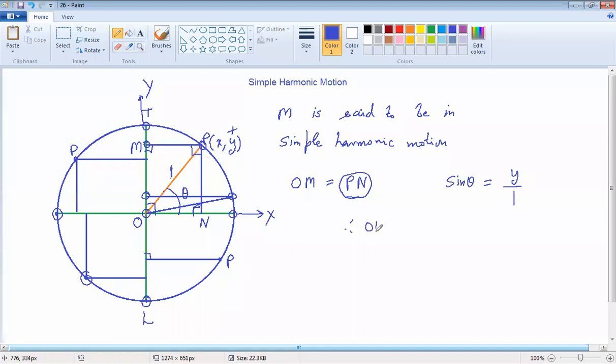So OM is equal to the y coordinate of this point, but the y coordinate is equal to sine theta. So this displacement OM is equal to sine theta. Is this much clear?